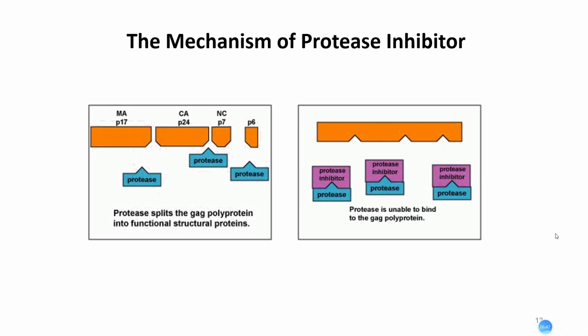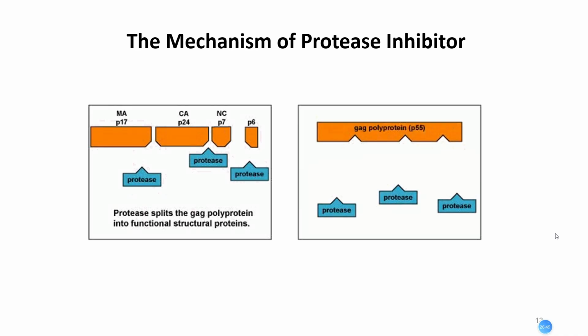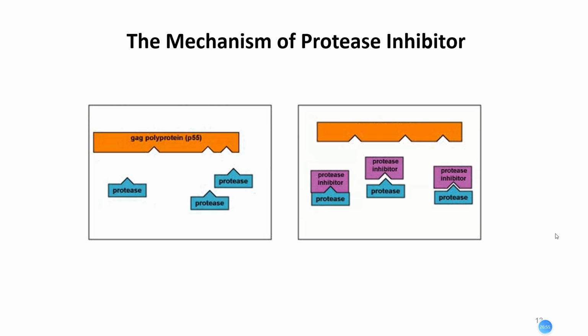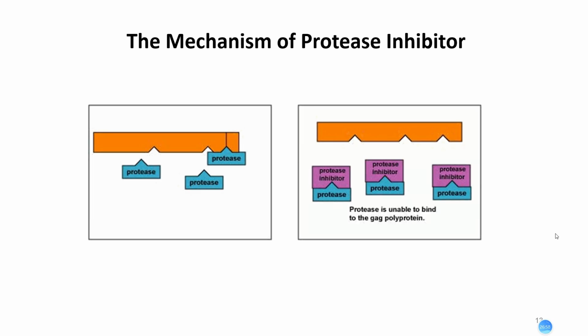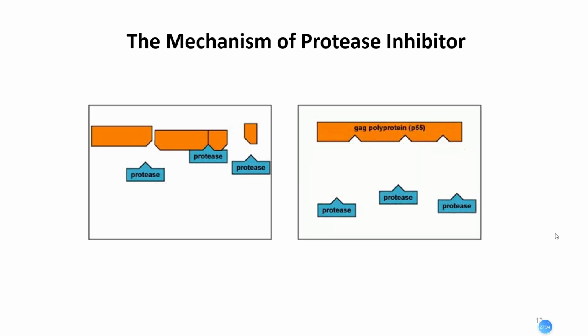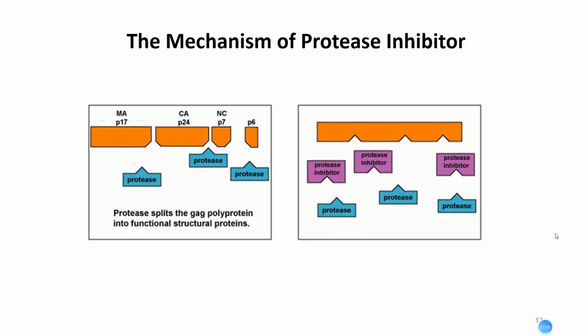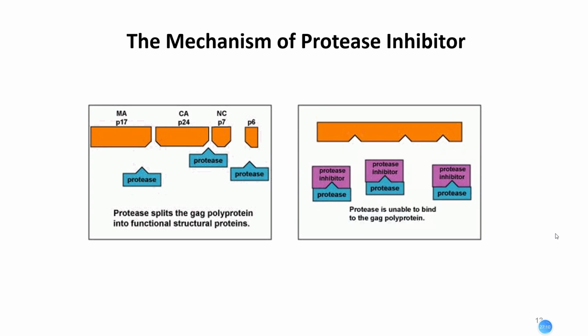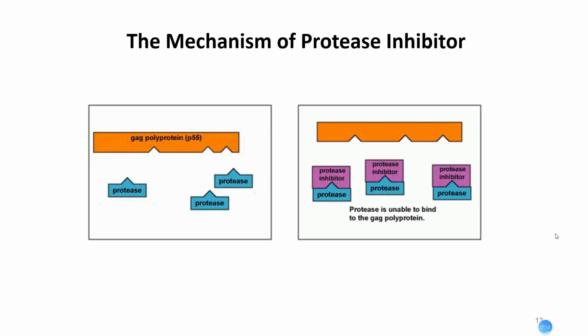So we can design a protease inhibitor to bind to the protease and inhibit the protease activity. Once the protease is inhibited, the polyprotein cannot be separated to function, so that we can inhibit the viral replication.